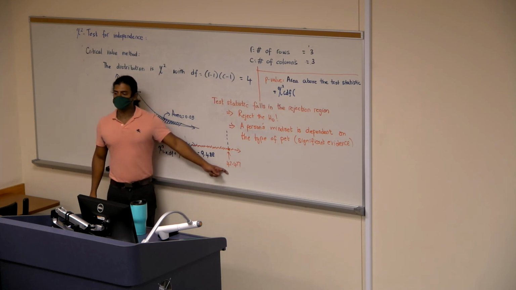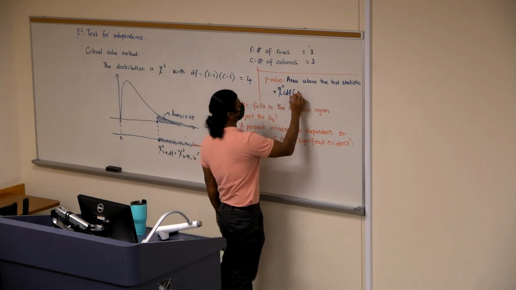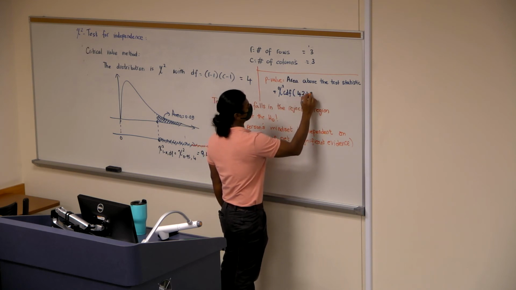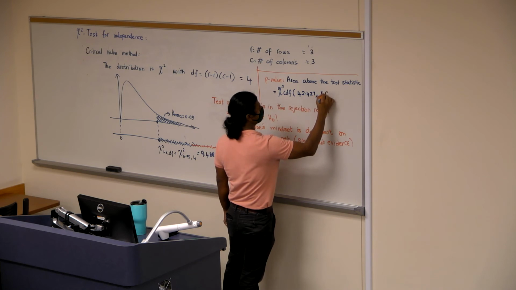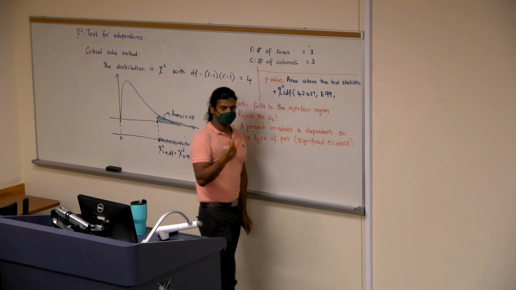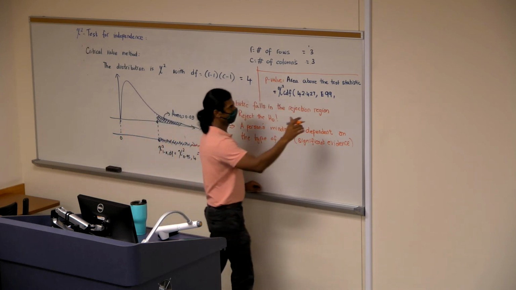We start at the test statistic, 42.427. We end at E99. And what goes next? The degrees of freedom, 4.